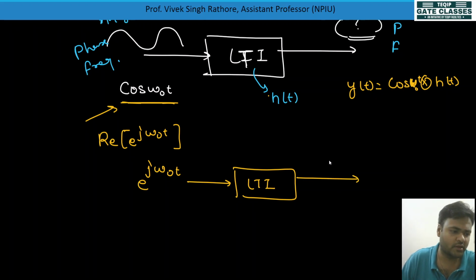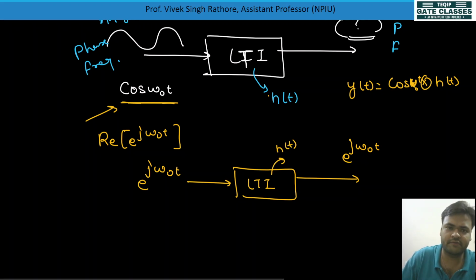The output will have e to the power j omega naught t only, but with the impulse response h of t, in the frequency domain it will have h of omega.